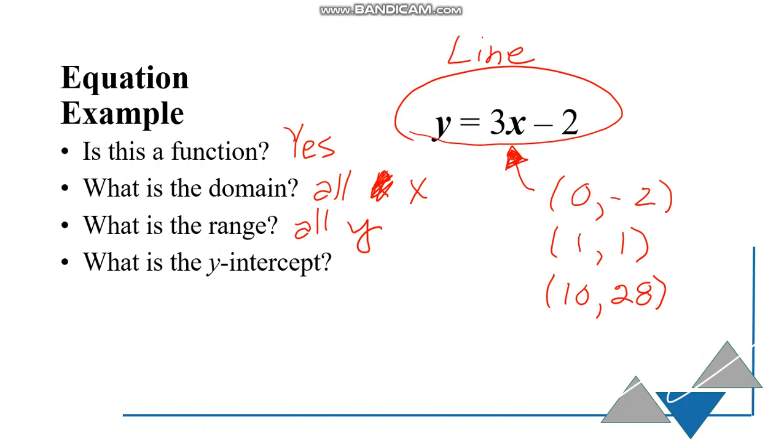My y-intercept, again, y-intercepts have a 0 for the x coordinate, so if I put 0 in for x, I find my y-intercept. Or, if you remember, y equals mx plus b, this last part is also my y-intercept.